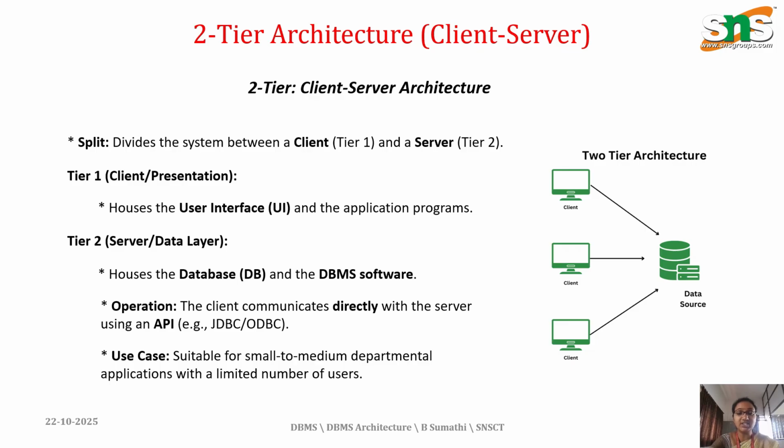The server, that is the data layer, houses the database and the DBMS software. Operation: the client communicates directly with the server using an API, for example JDBC and ODBC. Use case: suitable for small to medium departmental applications with a limited number of users.